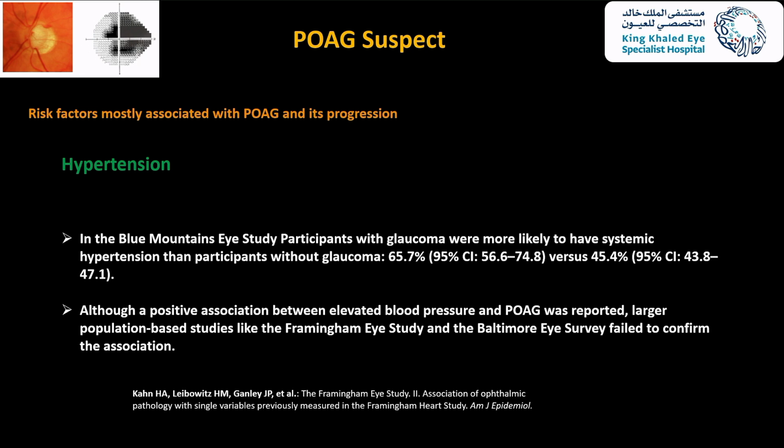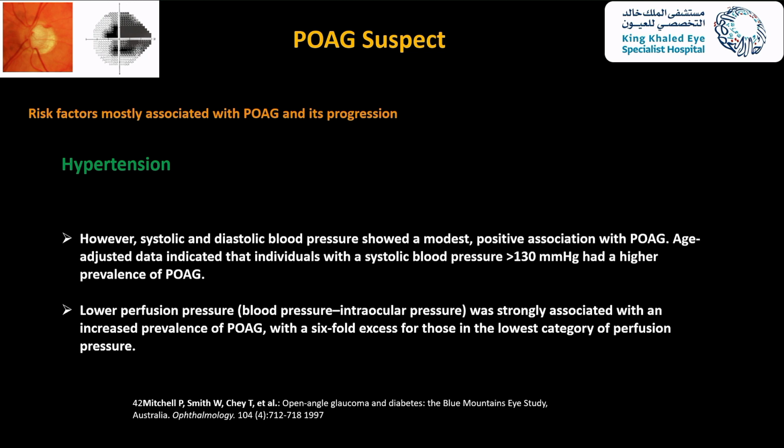A positive association between elevated pressure and primary open-angle glaucoma was reported, but larger population-based studies like Framingham and Baltimore failed to confirm the association. Systolic and diastolic blood pressure showed a modest positive association with primary open-angle glaucoma, but if you adjust for age, individuals with systolic blood pressure more than 130 had a higher prevalence of primary open-angle glaucoma.